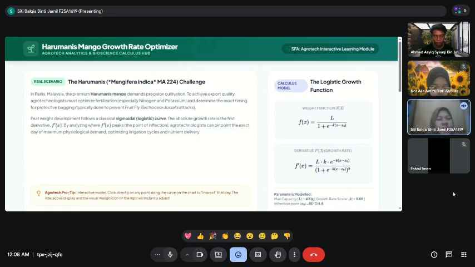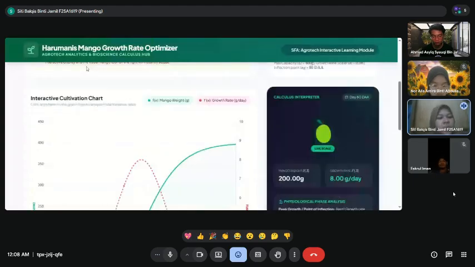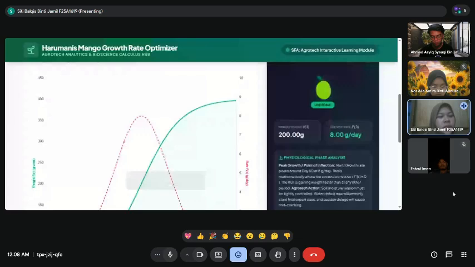Next, let's take a look at the interactive cultivation chart. The solid green line represents the mango weight f(x) in grams, while the dashed red line tracks the growth rate f'(x) in grams per day. The app features a live scale interface.